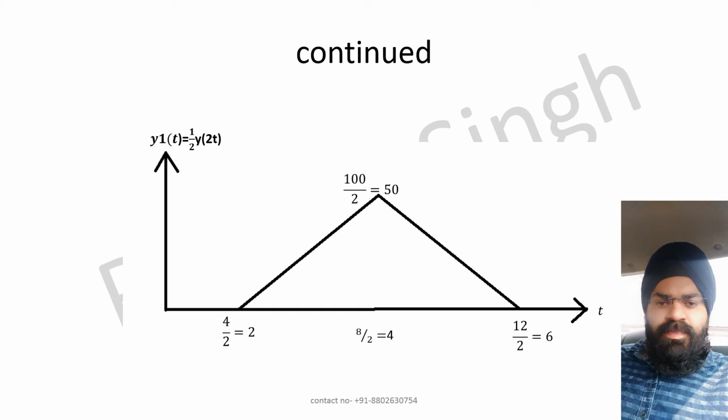This is time compressed by factor 2, and the amplitude will be divided by 2. So the original signal has amplitude 100, so its amplitude will be 50, and the original signal has time limit of 4 to 12. So this signal will be compressed, having limit 2 to 6, where each time is divided by 2.